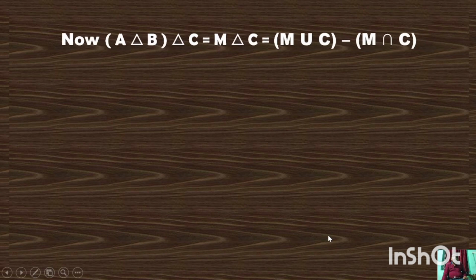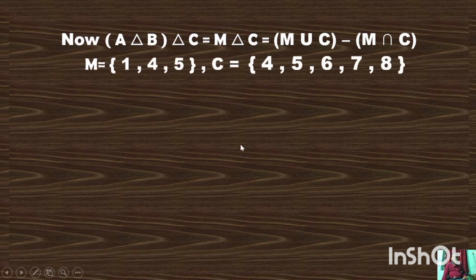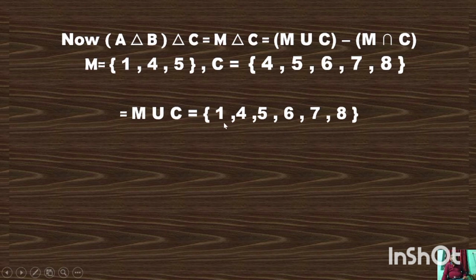Now you find M delta C, which is M union C difference M intersection C, as per the formula. In the set M we already got 1, 4, 5. The set C is given. Again you find M union C, which is all the elements of M and C: 1, 4, 5, 6, 7, 8, right? M intersection C is the common elements, which are 4 and 5.